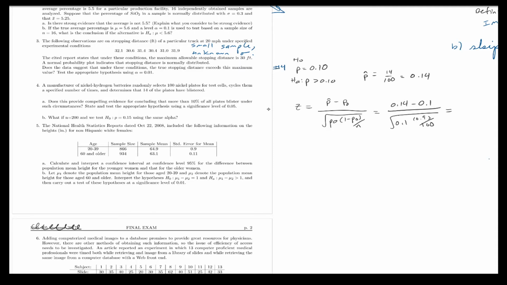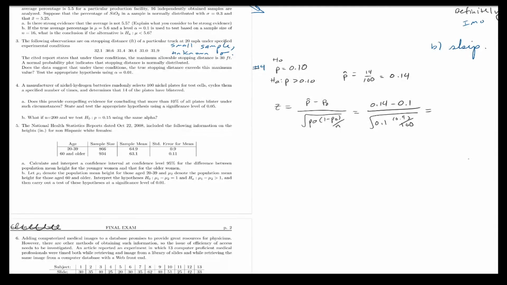We get our z score. 0.14 minus 0.1, divided by the square root of 0.1 times 0.9 over 100. Close the square root. And I get 1.333 repeating.